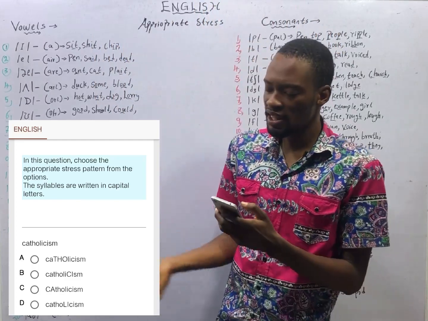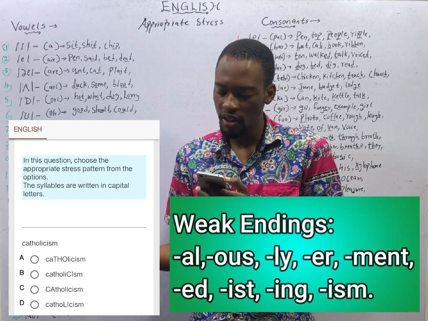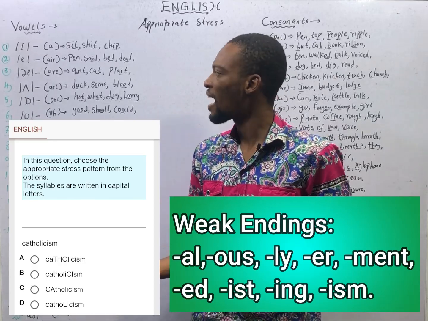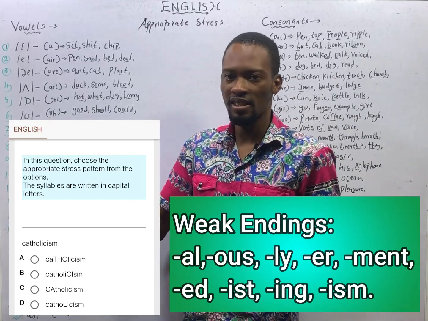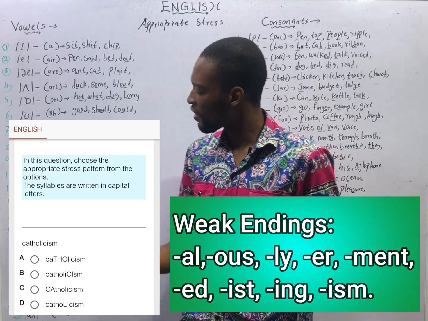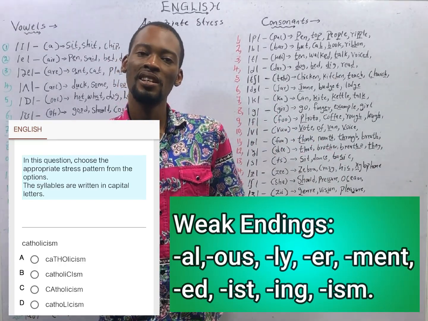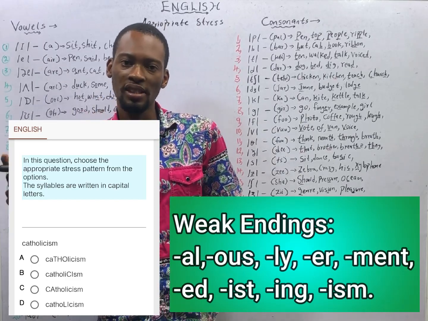Anytime you see a word ending in al, ous, ly, ed, ist, ing, ism, and ment, these suffixes are generally weak. They will not affect the position of the stress. We therefore stress Catholicism as if we are stressing Catholic.